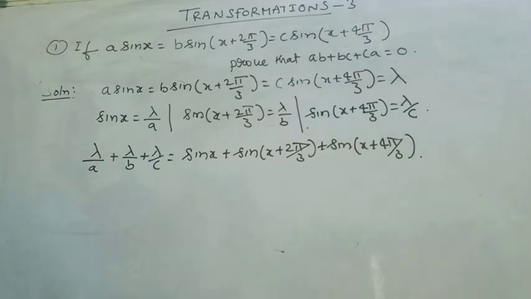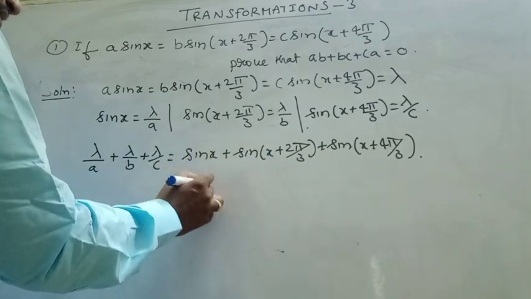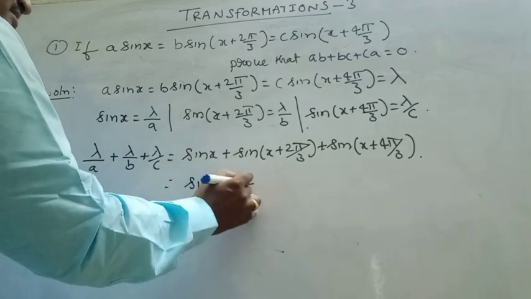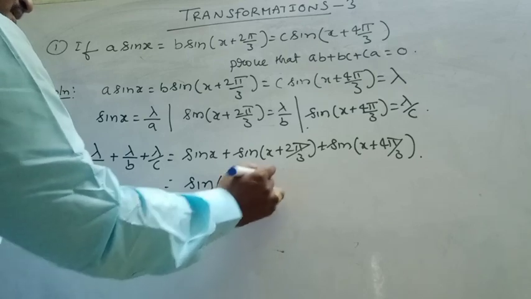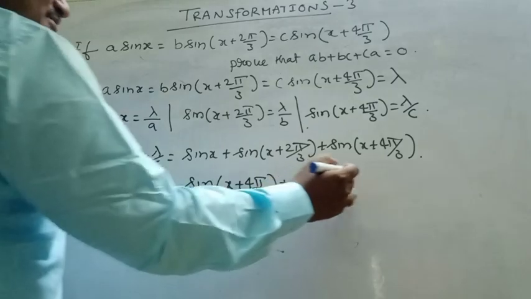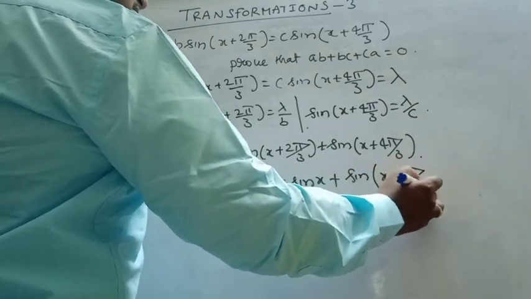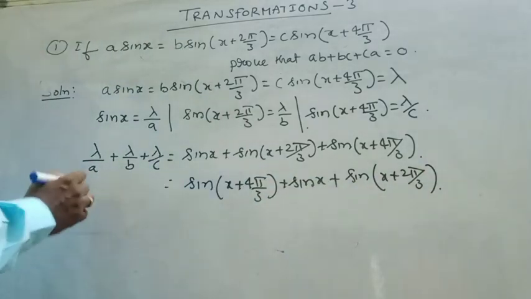Once we have got the things like this, let us try to group them: sin of x plus 4 pi by 3 plus sin x, plus sin of x plus 2 pi by 3. This is nothing but lambda times the sum.